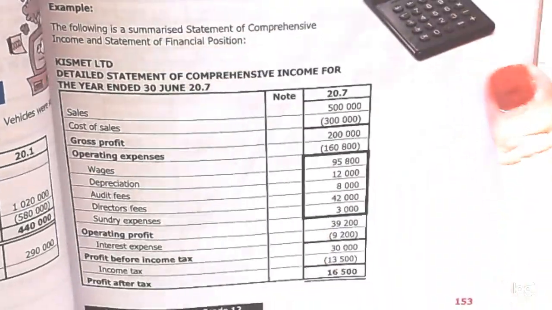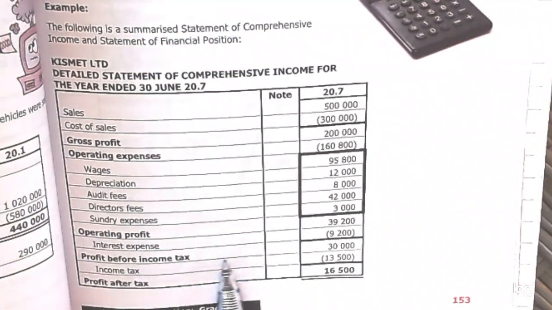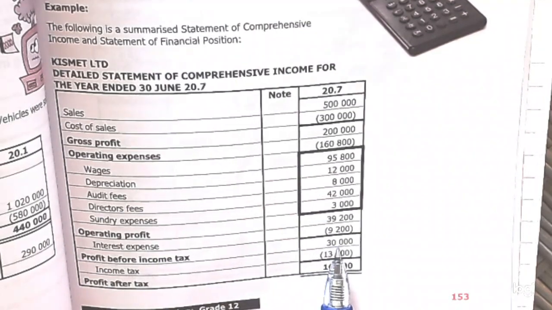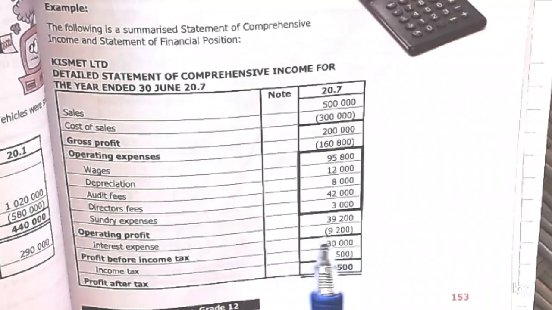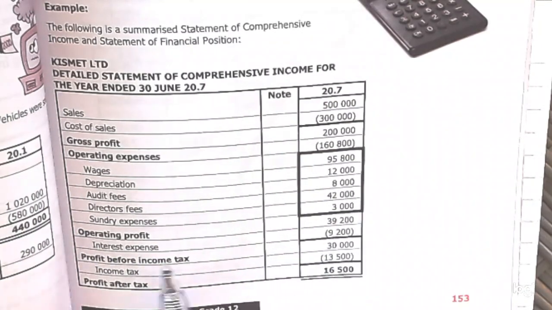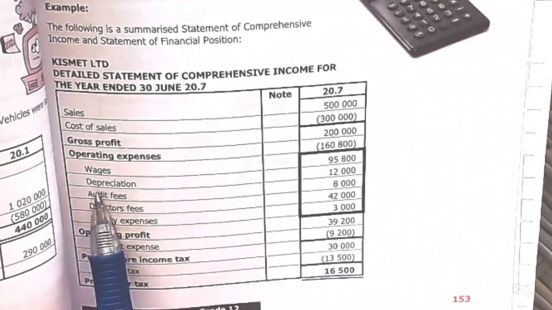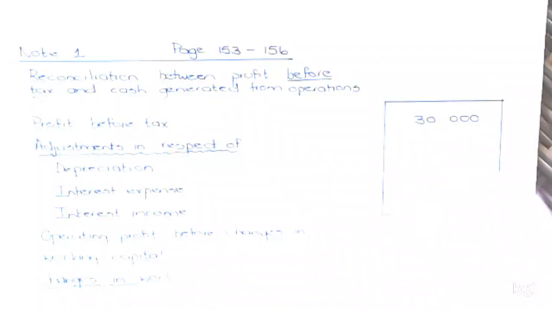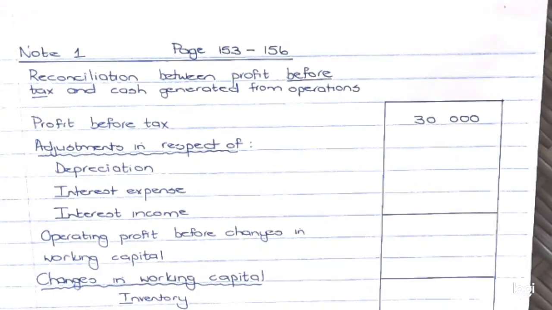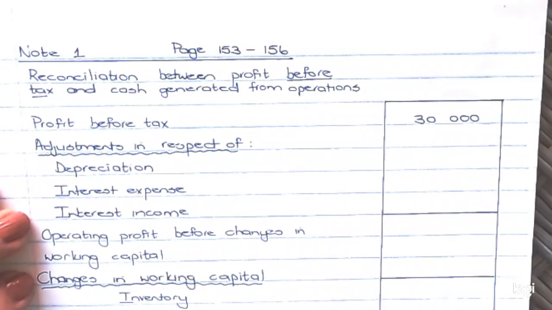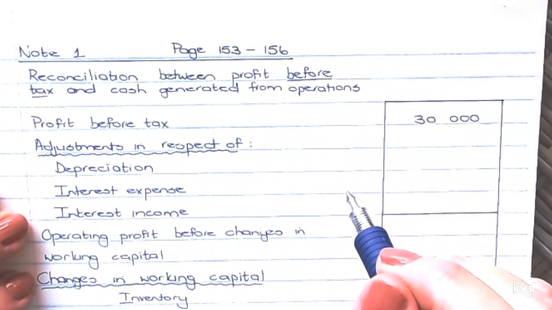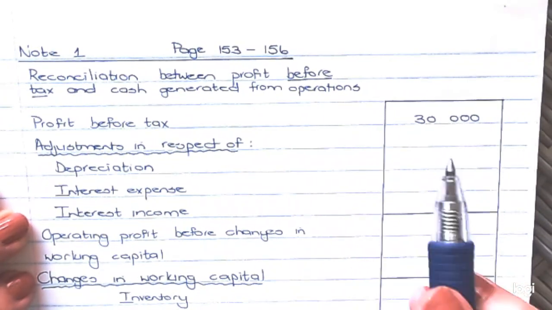Your profit before tax, that's 30,000 there. That answer includes everything above. And that answer includes interest expense and depreciation. It also includes, in some cases, the interest income. But those entries are book entries. They are not cash entries.